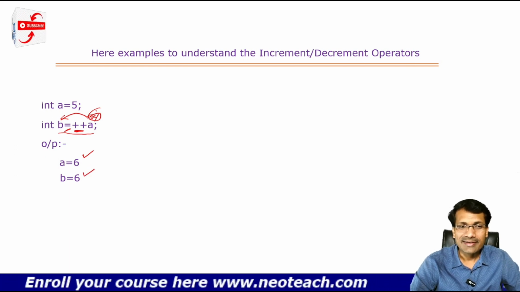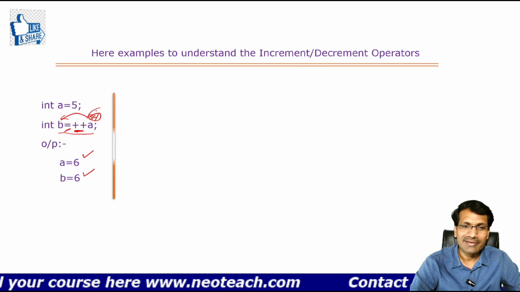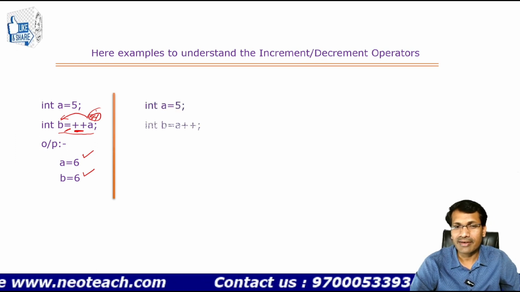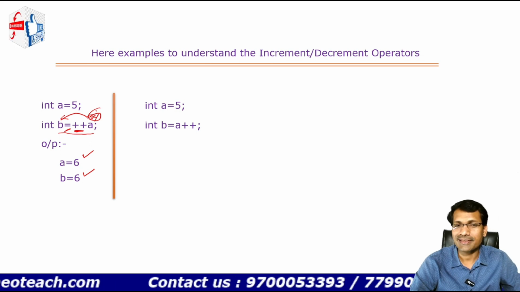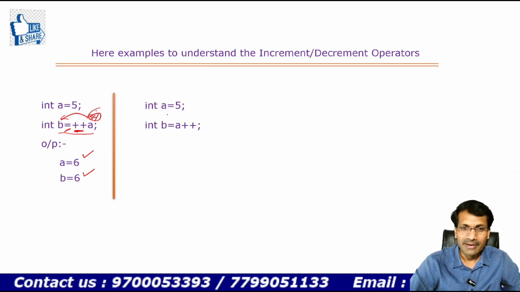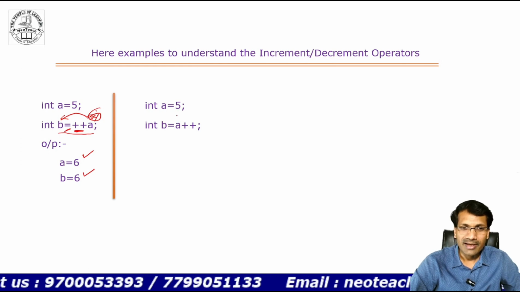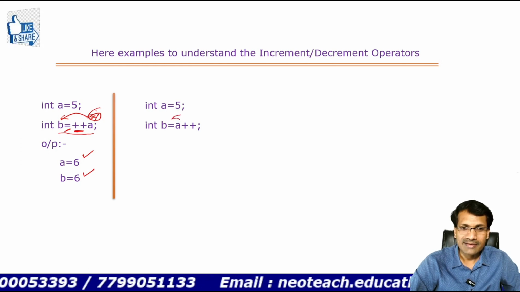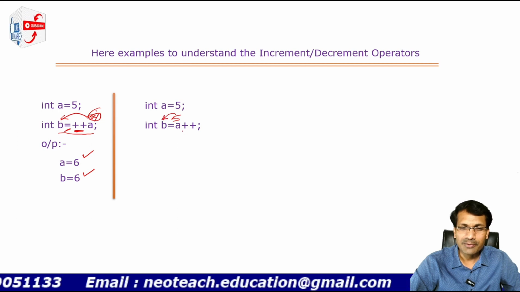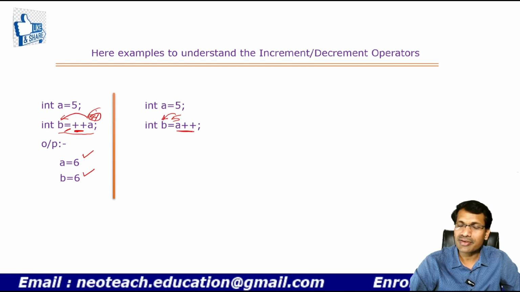Okay, and the same example we will consider for post incrementation. See, take a is equals to 5 and integer b is equals to a post incrementation. See what is happening here. First the 5 value is going to be assigned into b, because this is post incrementation. Incrementation is going to be postponed.